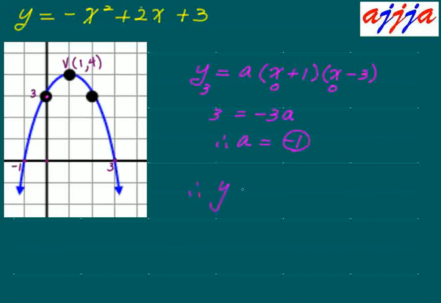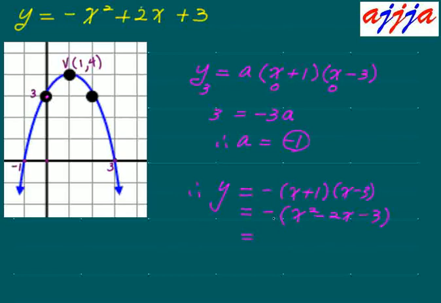So we're almost there now. Y equals negative 1, that means negative. Now you just multiply these two binomial expressions, x plus 1 and x minus 3. So negative, then x squared, then negative 2x, negative 3.